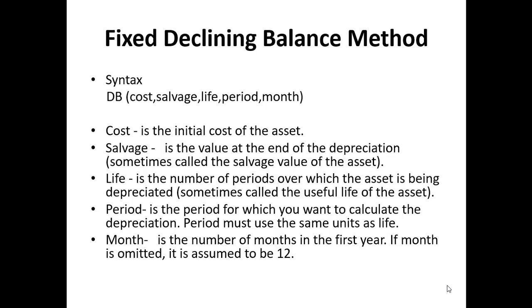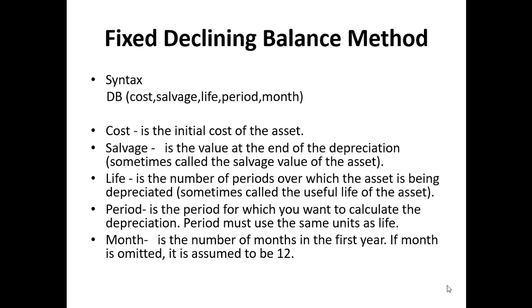When it comes to the period, as I said earlier, in this particular method depreciation would vary from period to period. Therefore, when you are preparing the depreciation schedule, in the period column you have to make a reference. You have to keep a relative cell there. Then you would see that depreciation would change from period to period. Then you have the month.